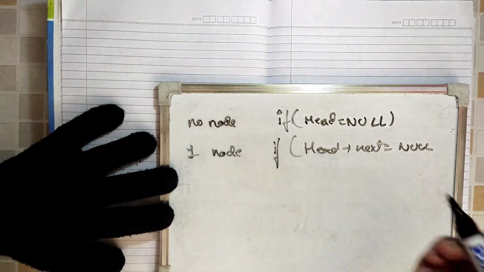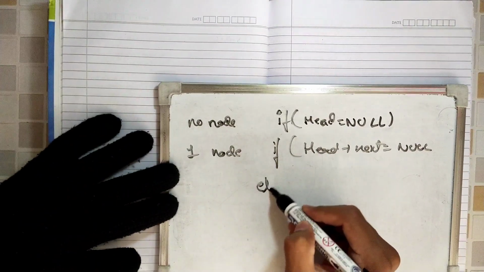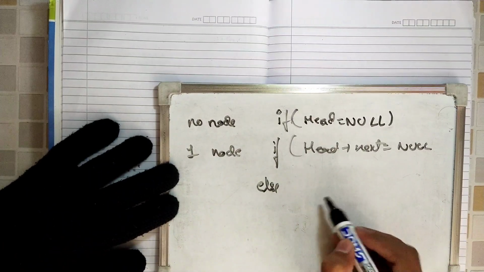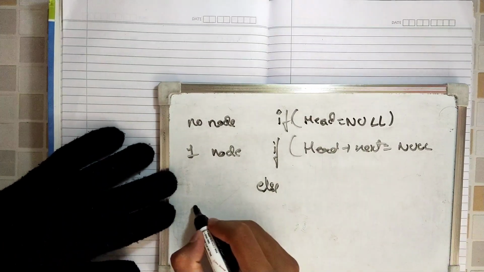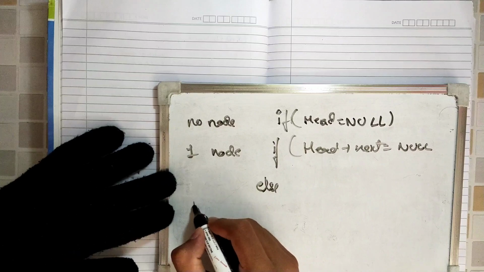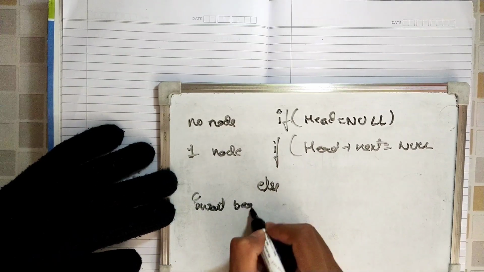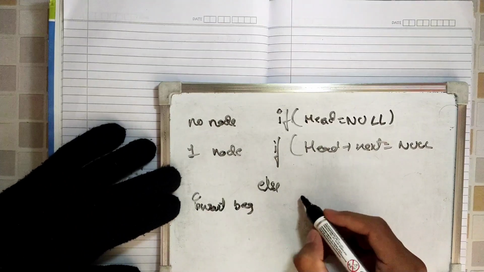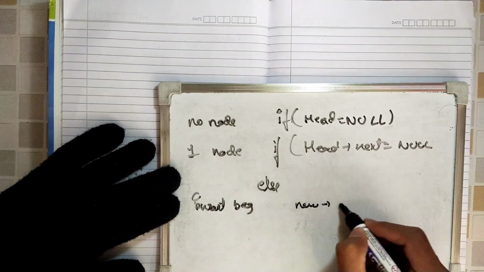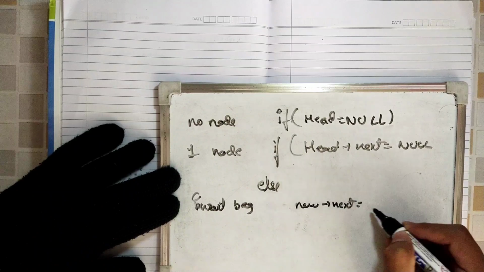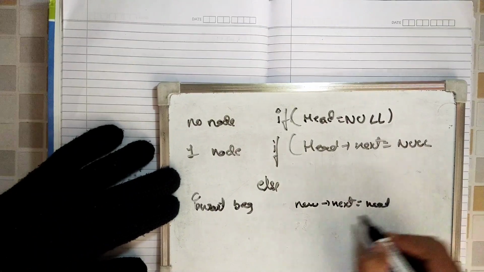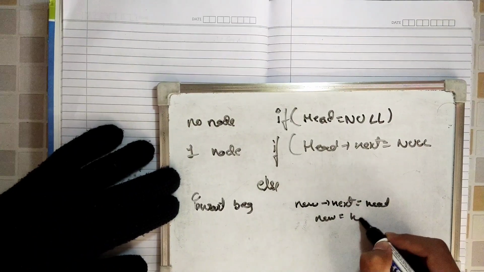Or else, in the else part, I will directly write insert beginning. For insert beginning I will write new of next equals to head, then head equals to new.